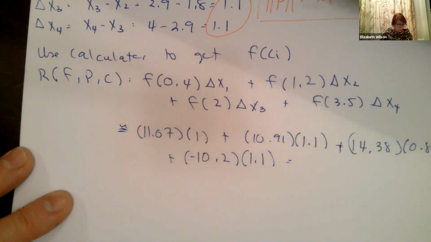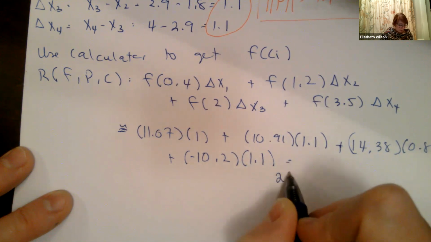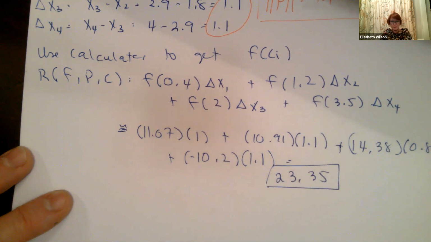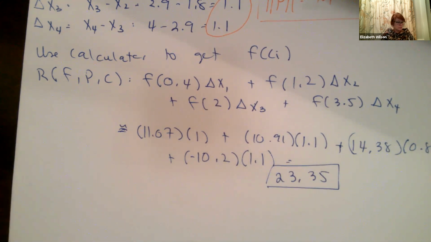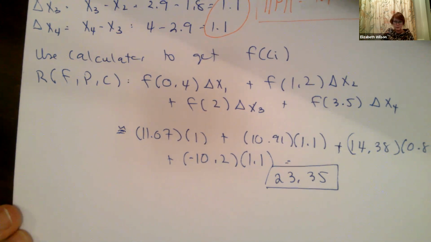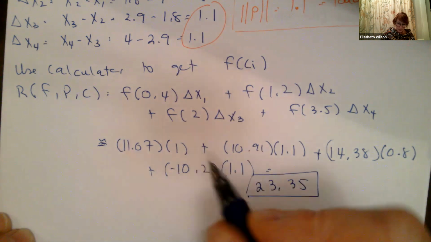Okay, I'm going to add these up. This is going to be equal to 23.35. It gives us our Riemann sum. We're adding up the areas. And it's approximate because I had to round.